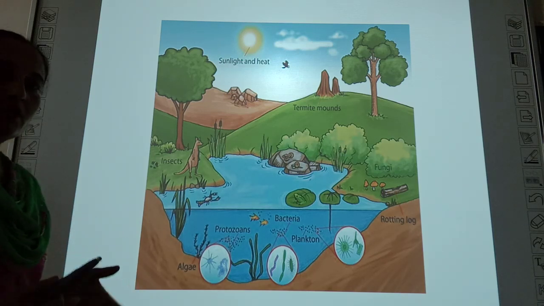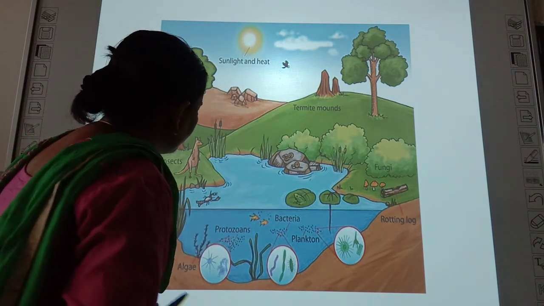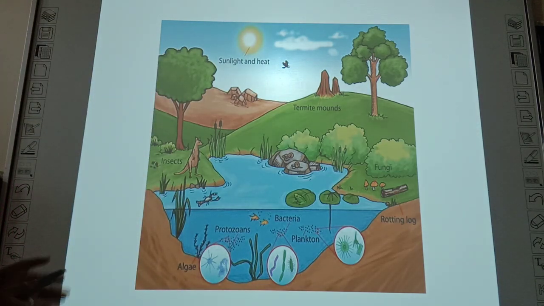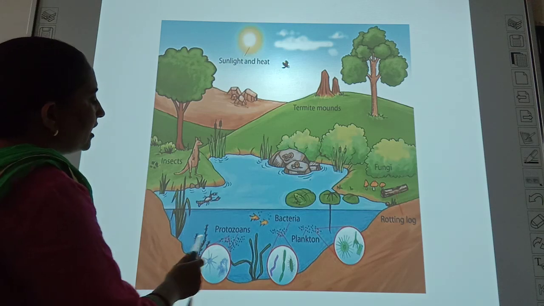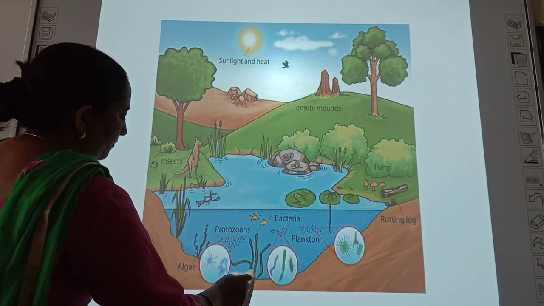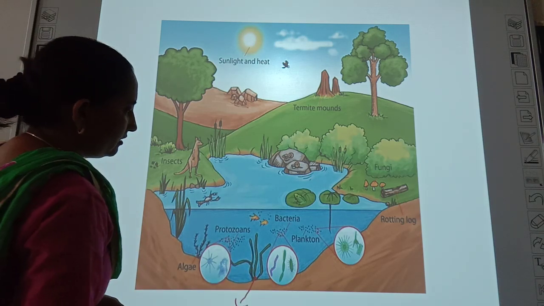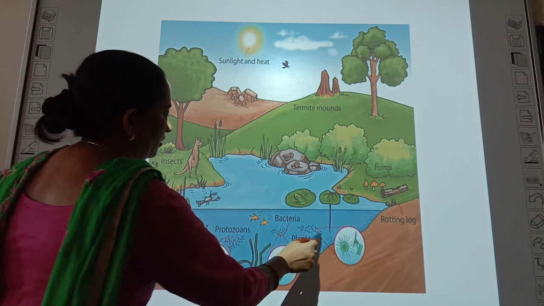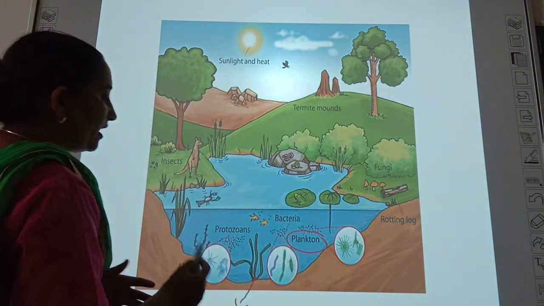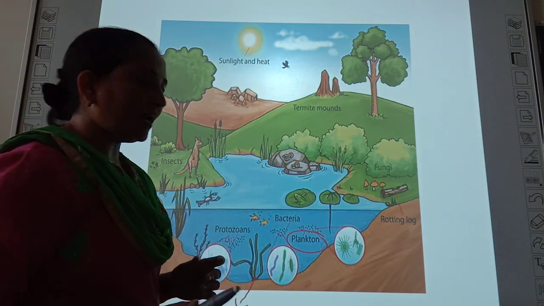Then here you can find an aquatic food web. That was a terrestrial food web. Now this is an aquatic food web. In an aquatic food web, you can find that there are many producers. There may be green plants, which are submerged plants. Phytoplanktons may be there, and phytoplanktons in turn are eaten by the zooplanktons.